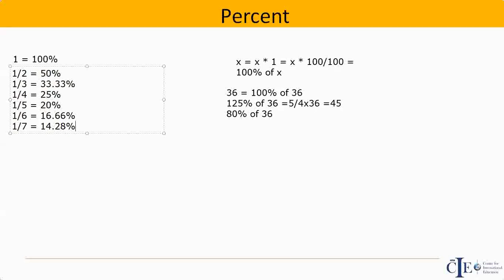So it would be 0.14 and 28. The actual value of 1 by 7 is 0.142857. The decimal value of 1 by 7 is 0.142857 recurring.